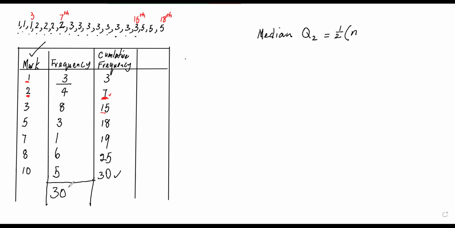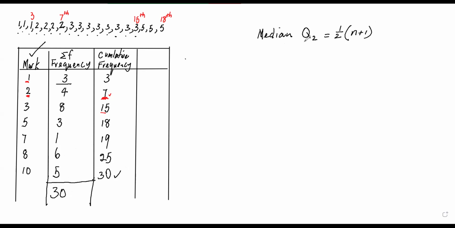So the total frequency, or the sum of F, is equal to 30.